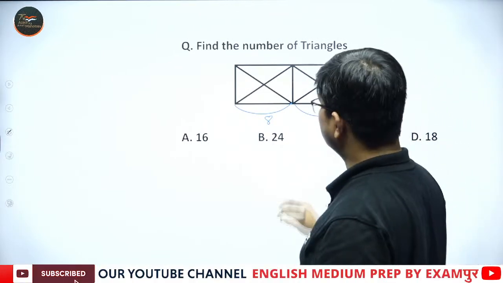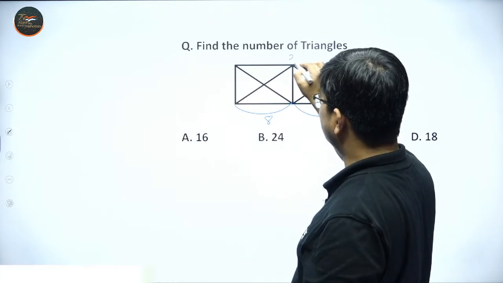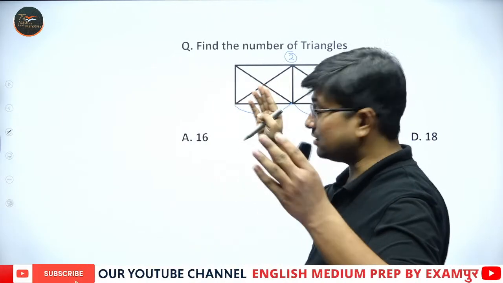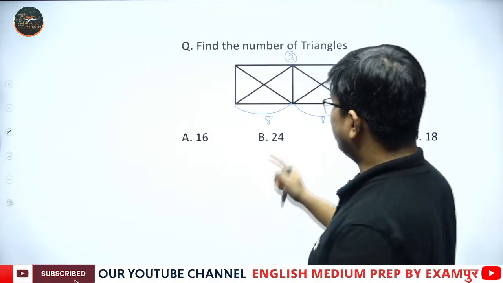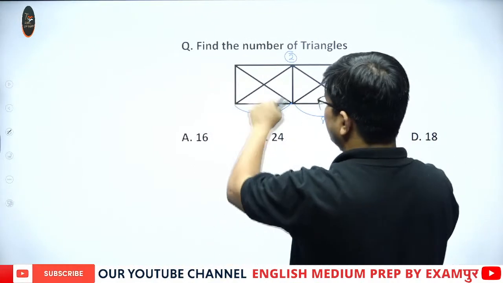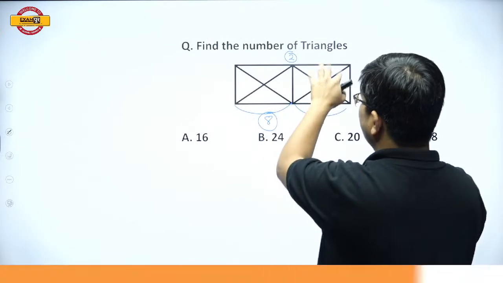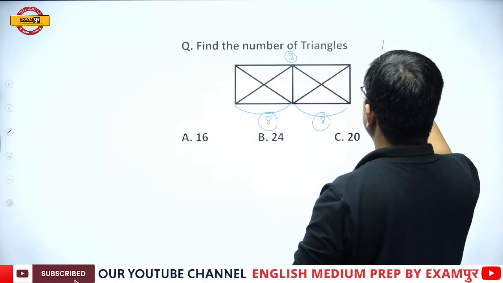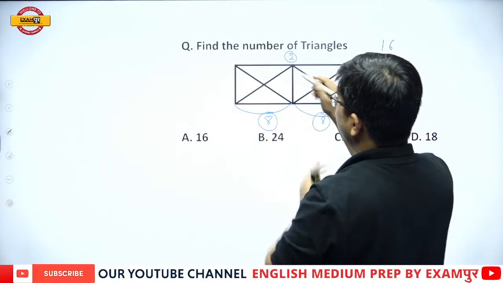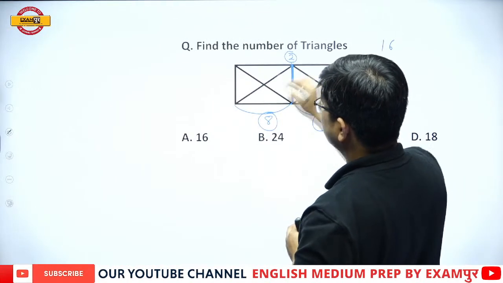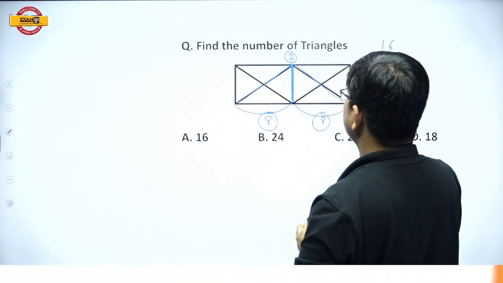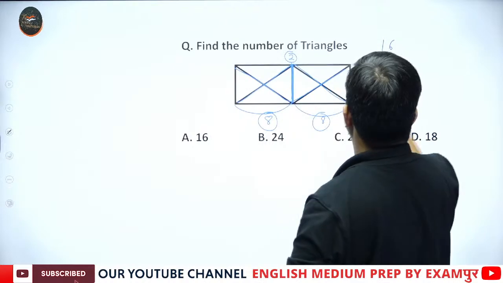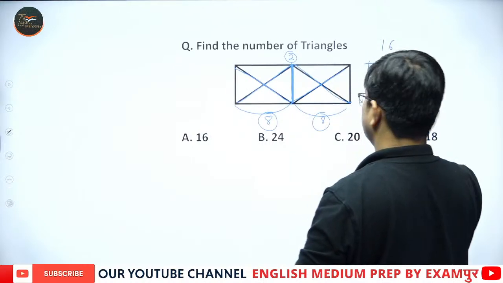Whenever two such figures combine, a junction is formed where two additional triangles are formed. So the total is 18.